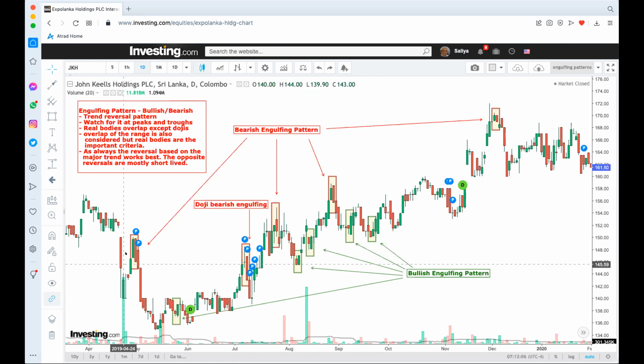If we start from here, you can see the range of this body, which is called a tall candle or tall bodied candle, the green one. Then you can see that the overshadowing or overlapping of the red candle is taller than the green candle. We'll come in a minute to the Doji bearish engulfing.